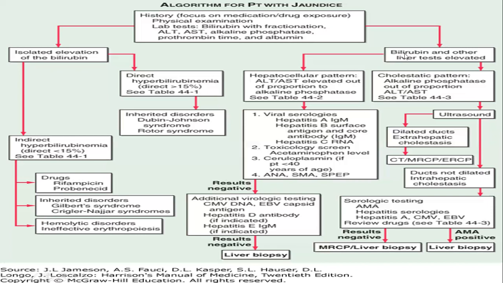Now, when bilirubin is elevated together with other abnormal liver function tests, like AST and ALT, here is the algorithm. A hepatocellular pattern would mean that the defect is in the liver itself, with elevated ALT, AST, and ALP.